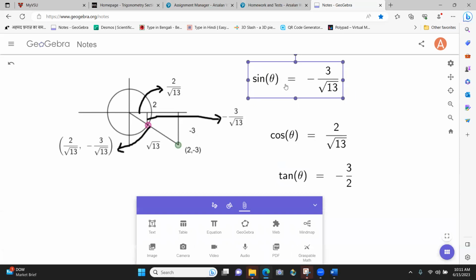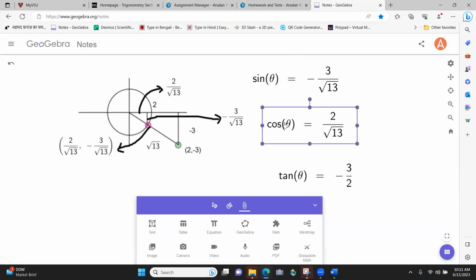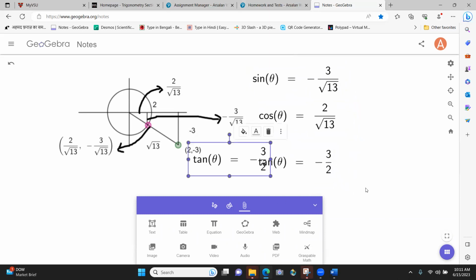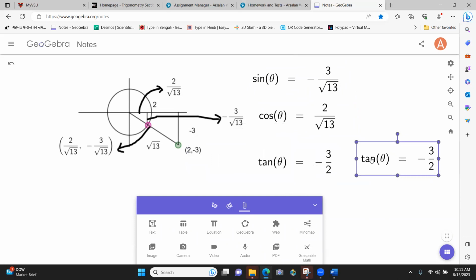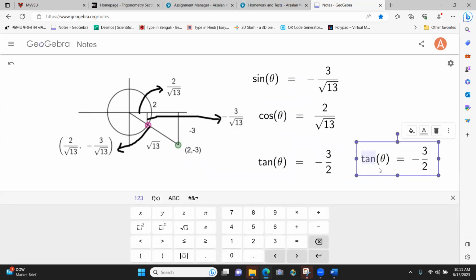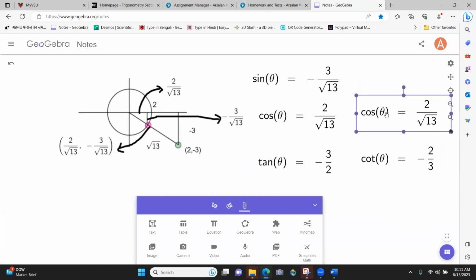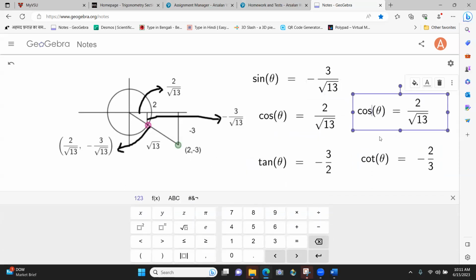All right, I have the three main ones, and the other three are reciprocals. So let's start with tan. The reciprocal of tan is cot, and the reciprocal of cosine is secant.